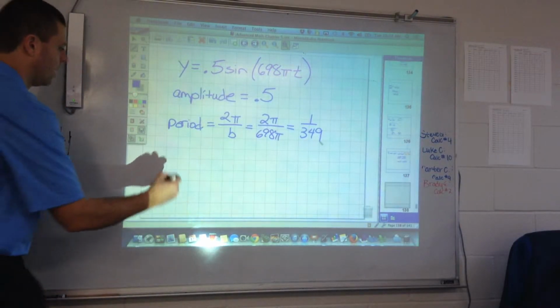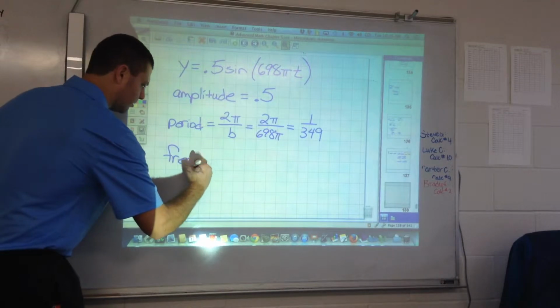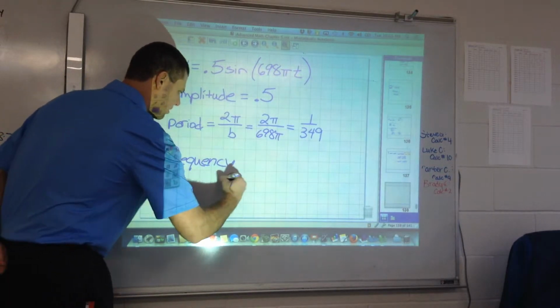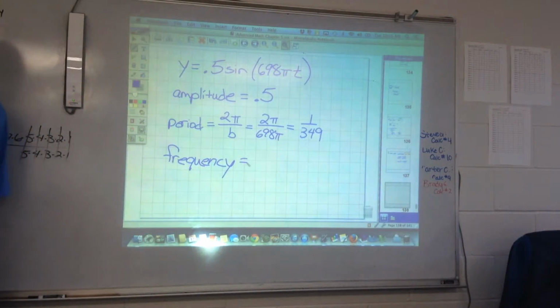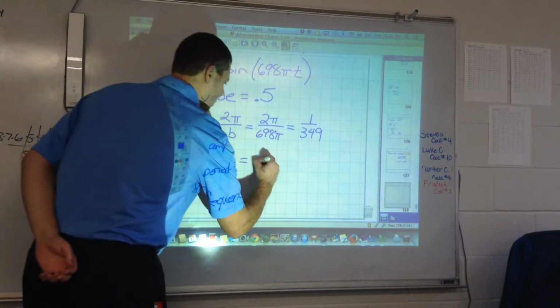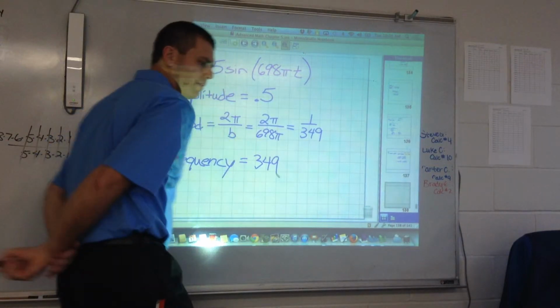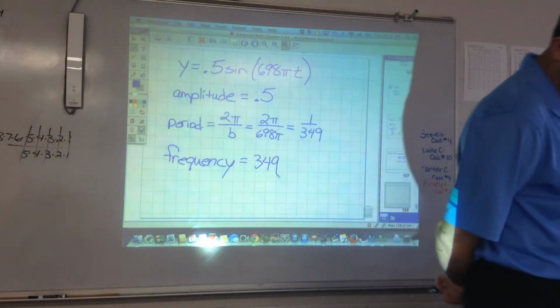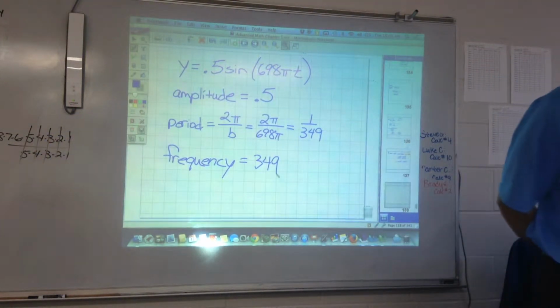It doesn't ask this, but I might. So what is the frequency of that note? 349, because the frequency is the period's reciprocal. That'd be like hertz. I believe they're talking in hertz here.